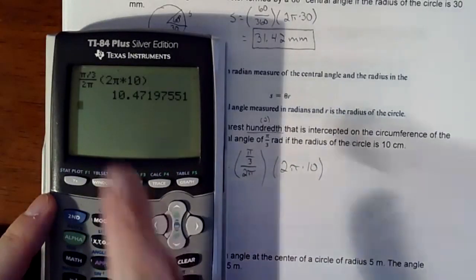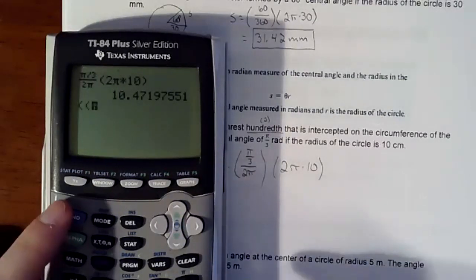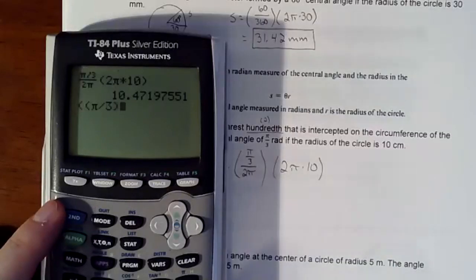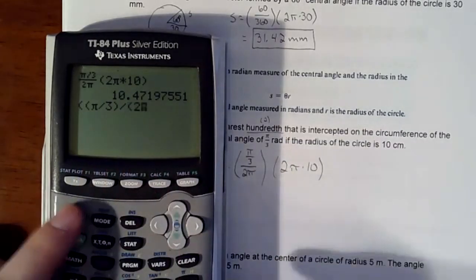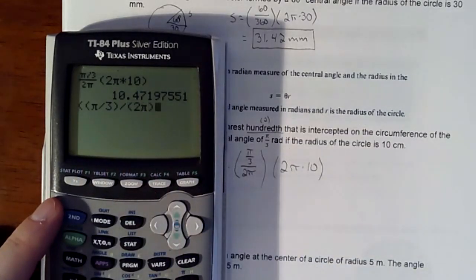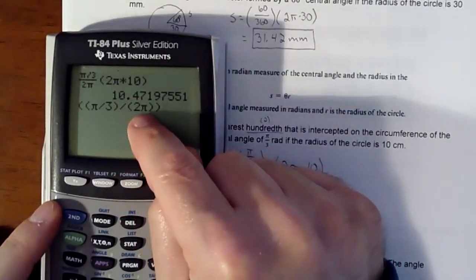All right. If you don't have that feature, then you got to use your parentheses very carefully. So you want your fraction, but then your pi over 3 needs its own fraction divided by, so that's the top, divided by 2 pi. That's the bottom, okay, parentheses. If you don't do that, it will not work out correctly because it will divide by 2, but it will not divide by the pi as well.